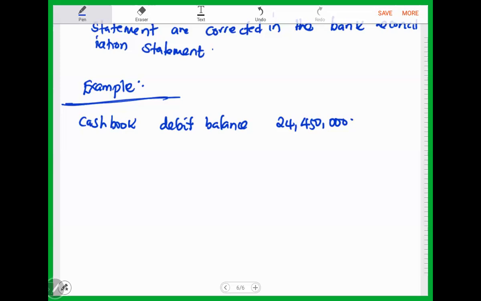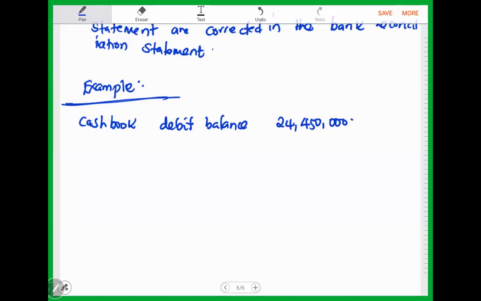This was an error of complete reversal because even in the motor vehicle account, we did a wrong transaction. We credited, and yet we were supposed to show that we had bought an asset. So that is going to be corrected in the cash book.